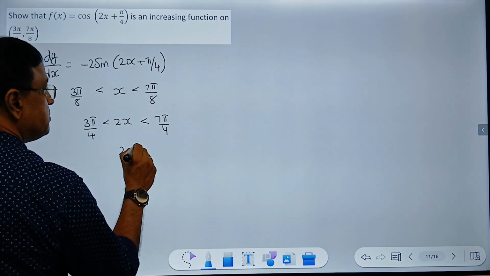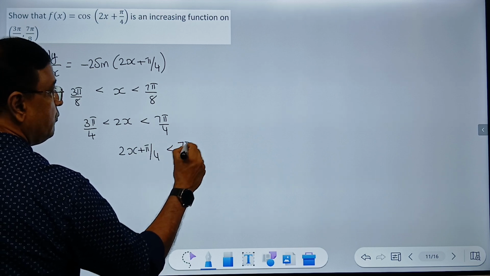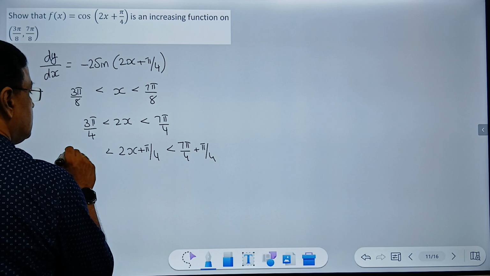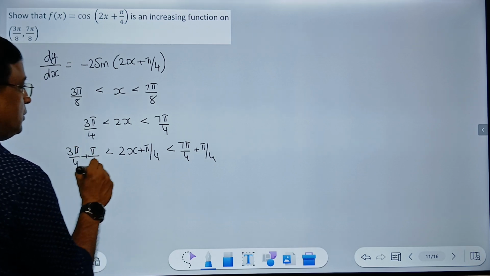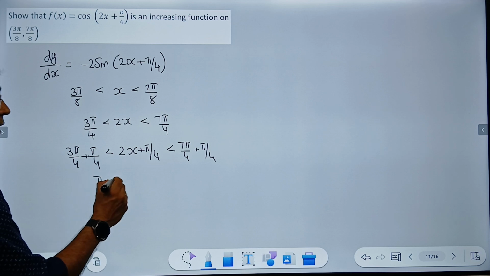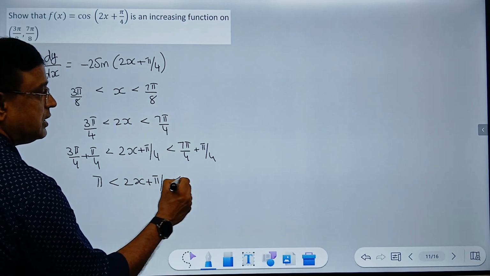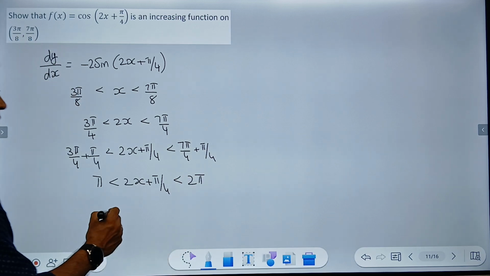So what is 2x plus pi by 4? It will be 3 pi by 4 plus pi by 4 and 7 pi by 4 plus pi by 4. So obviously pi is less than 2x plus pi by 4, which is less than 2 pi.